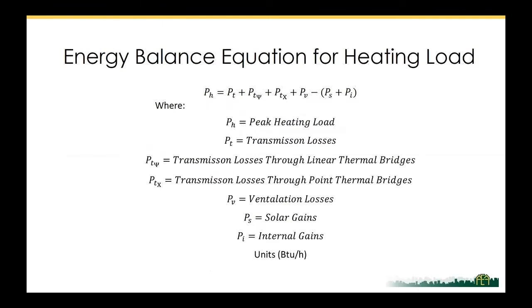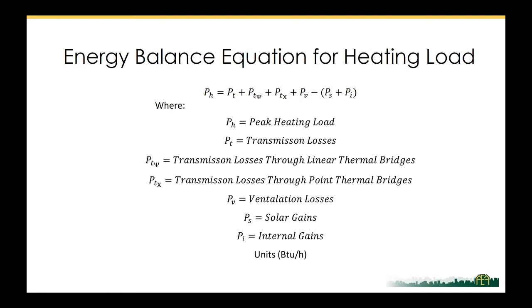Okay, so energy balance equation for heating load. So this is kind of like overall, we have our peak heating load, we have transmission losses, transmission losses through linear thermal bridges, transmission losses through point thermal bridges, ventilation losses, solar gains, and internal gains.